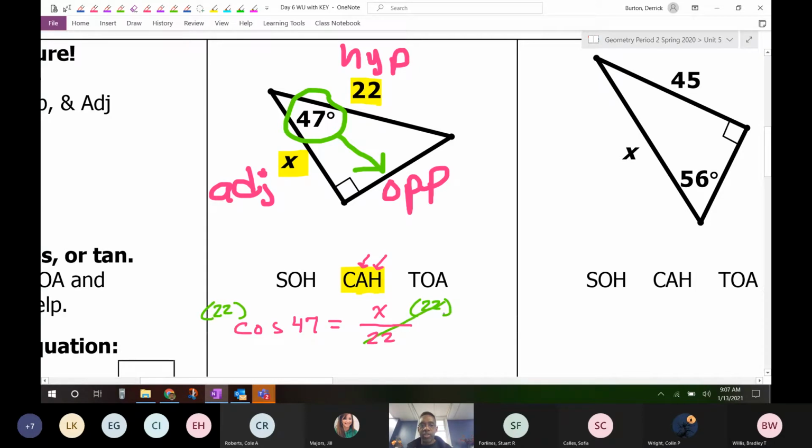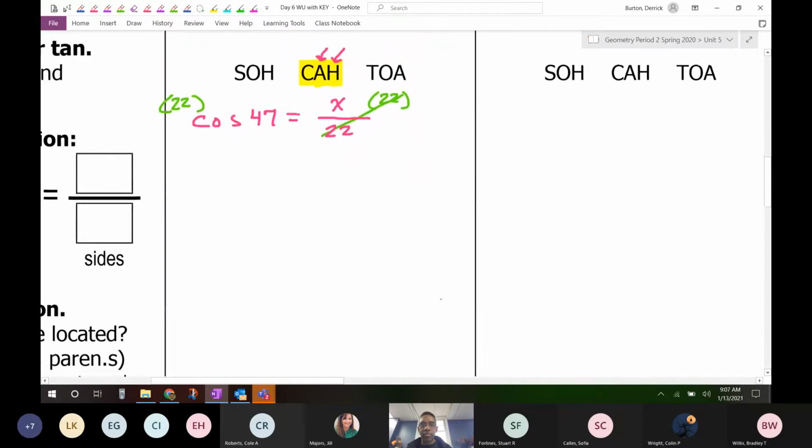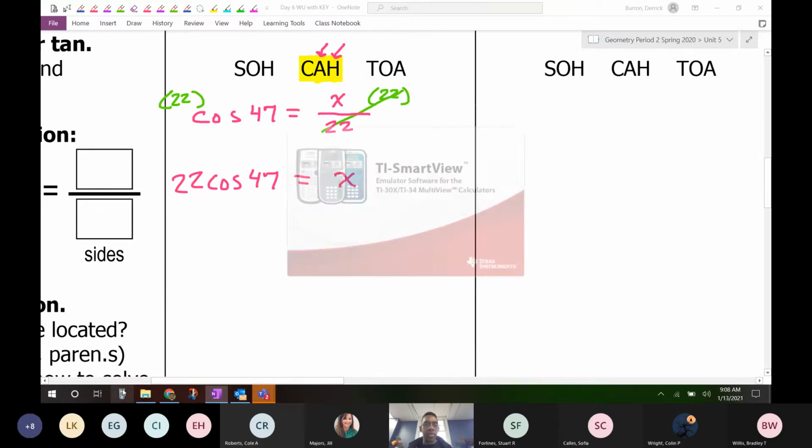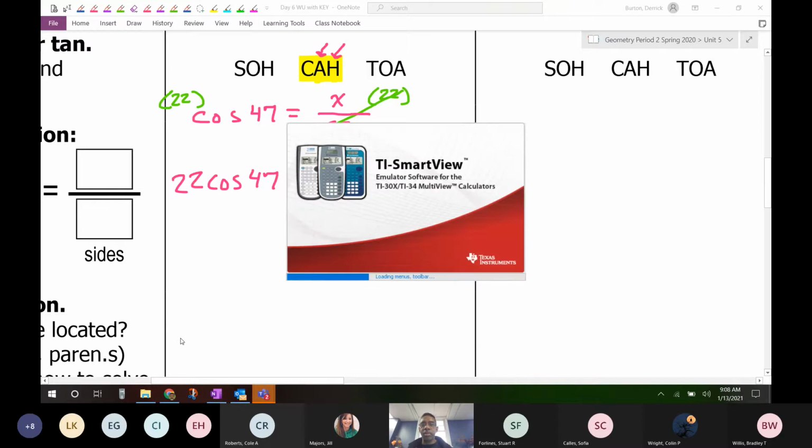The 22s cancel each other out. So that is going to give us 22 cosine 47 equals x. But this is something that we can simply put in the calculator, which I'm going to have to turn mine on. It takes a second.